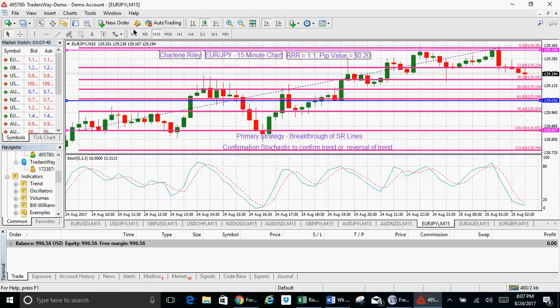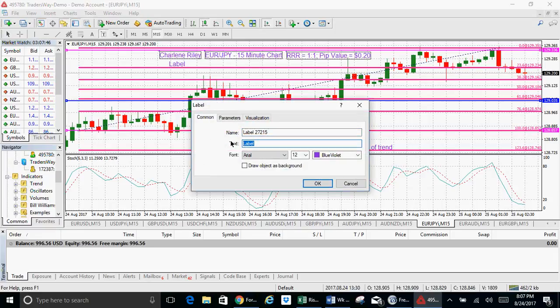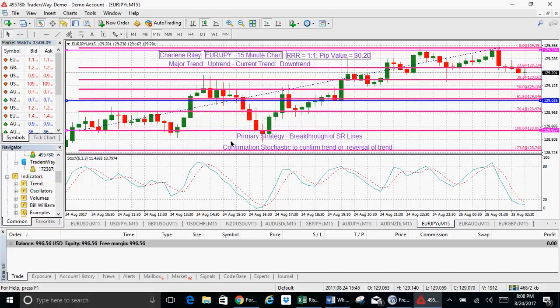Now let me mark my trends. As I mentioned before, my primary strategy is breakthrough of support and resistance lines.